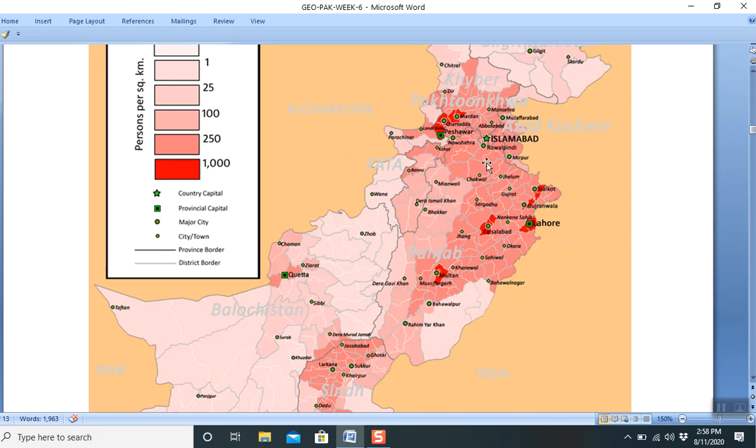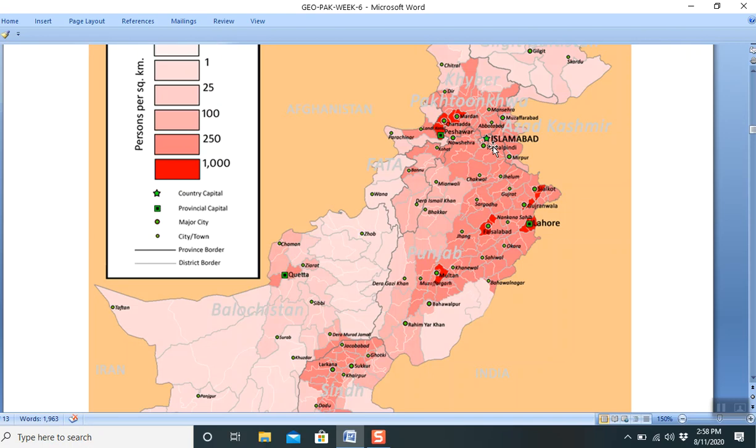Rohtas Fort near the Jhelum river was built by Sher Shah Suri. Similarly you find many forts, but they were just strategic and armed forces concepts.